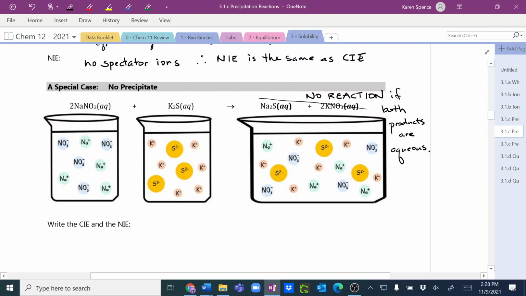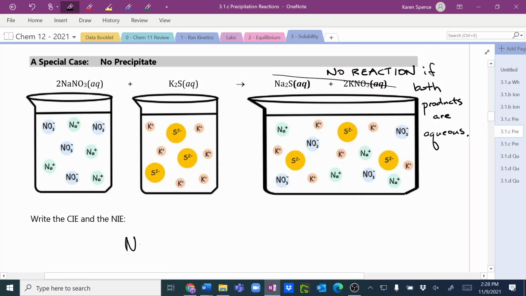So, nope, no reaction. And you can just write no reaction as NR, and everyone will know what you mean. Okay? So you don't need to do that.